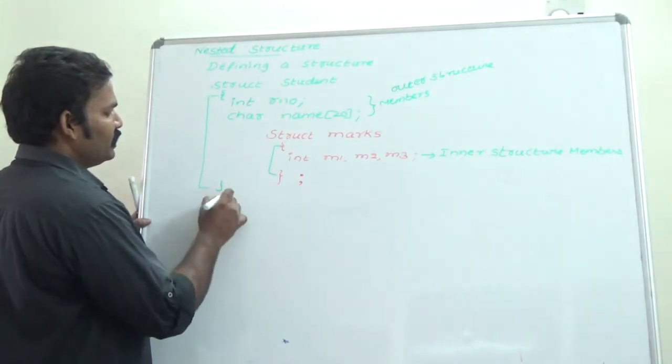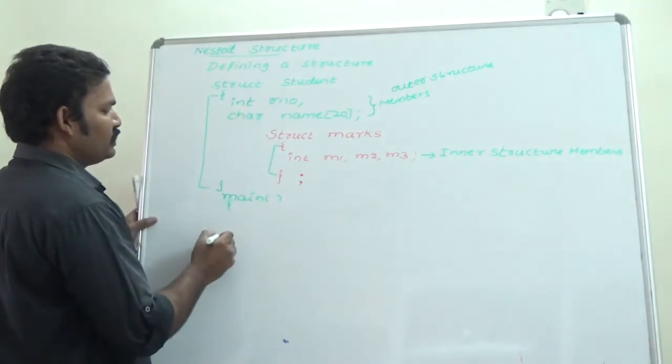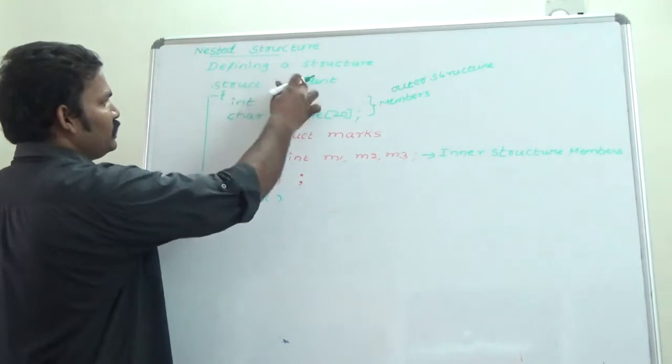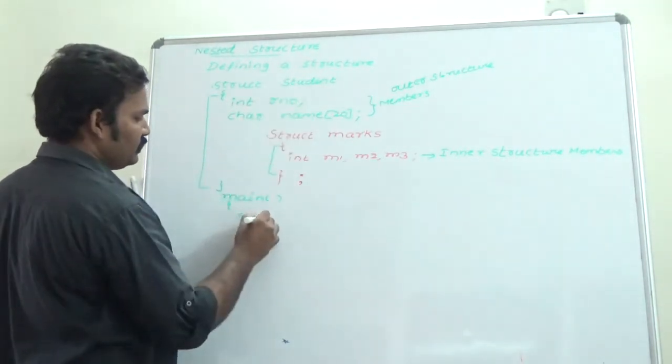Here I am writing the main function. Within the main function, I want to declare one variable of struct student type. Then only memory is allocated for these members.